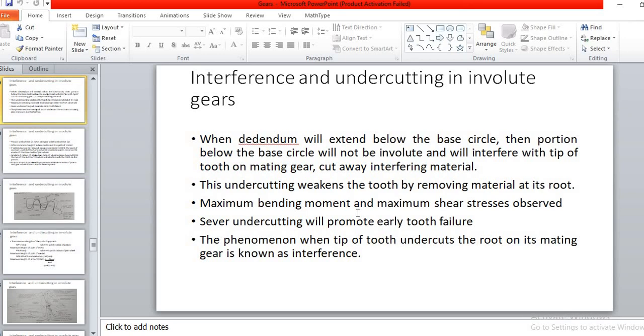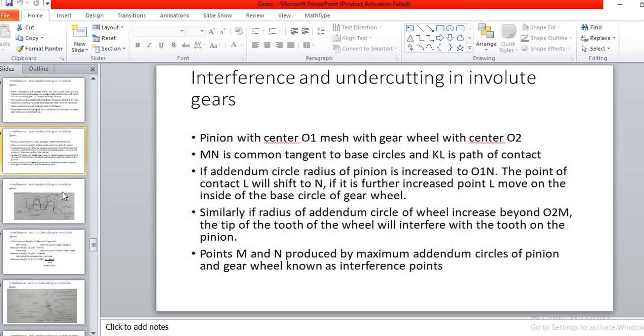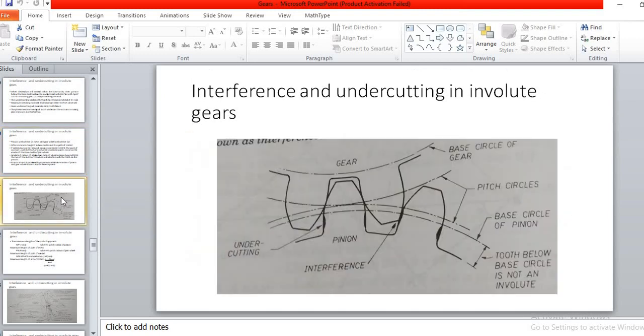And such a phenomenon, when the tip of the tooth undercuts the root of the mating gear, is known as interference. So this undercutting should be avoided. Now this is the case we discussed, where these are represented as undercuts.